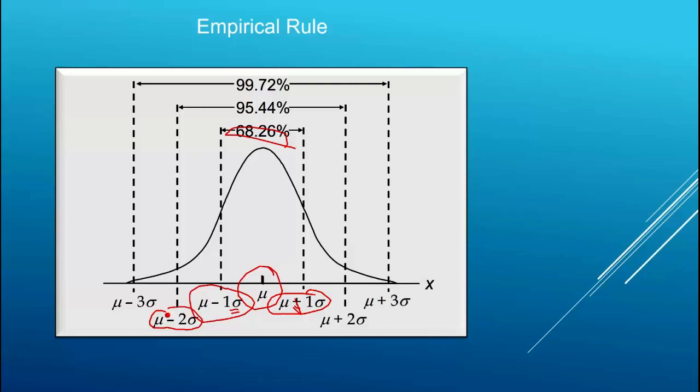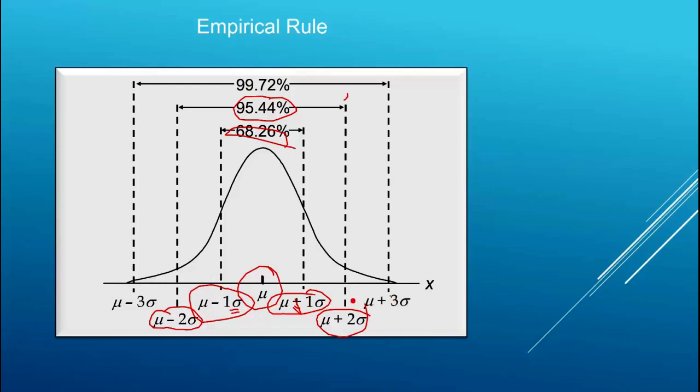If I move 2 standard deviations away from the mean, then I must move to the left to mu minus 2 times delta and to the right to mu plus 2 times delta. There will be 95.4% of the observations in the data set that fall between those two values.